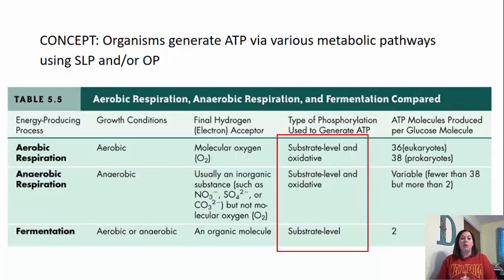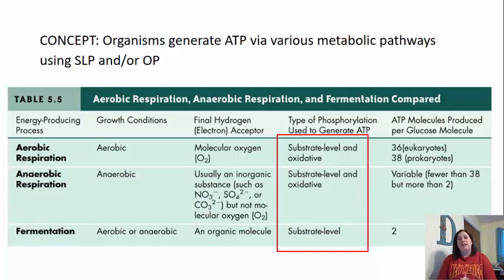Another form is anaerobic respiration. Anaerobic respiration requires anaerobic conditions, which means that they don't have oxygen present, or they don't want oxygen to be there. This usually has an inorganic electron acceptor that is not oxygen. This is also a combination of substrate level and oxidative phosphorylation.